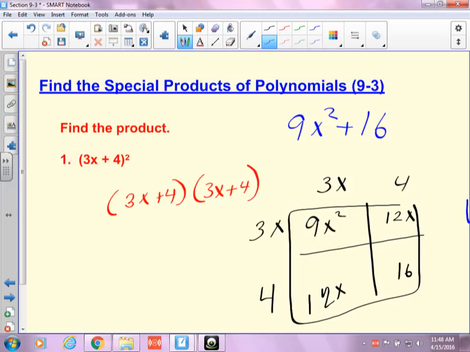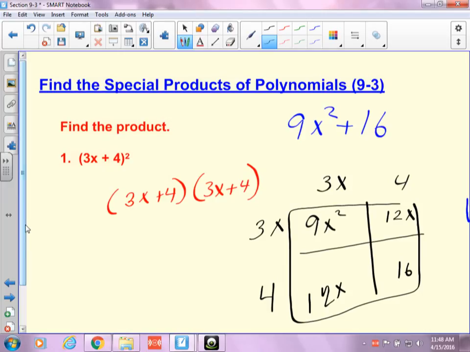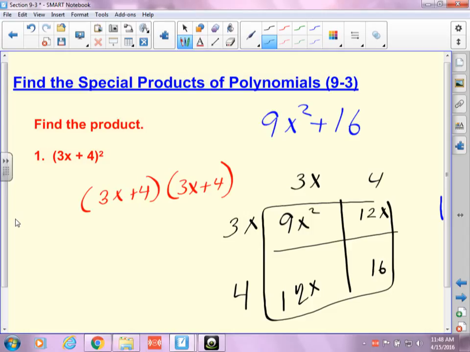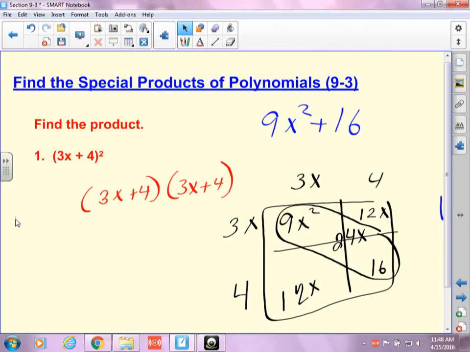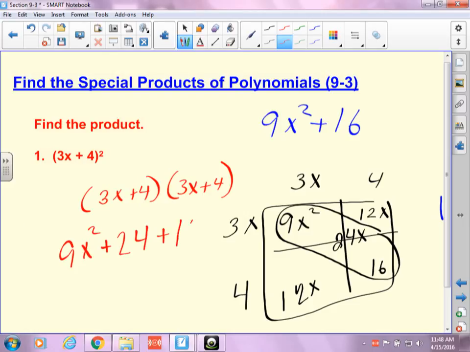And you'll notice I have what? I have a middle term. What's my middle term? 24x. And here's my answer. Okay, so the real answer is 9x squared plus 24x plus 16.